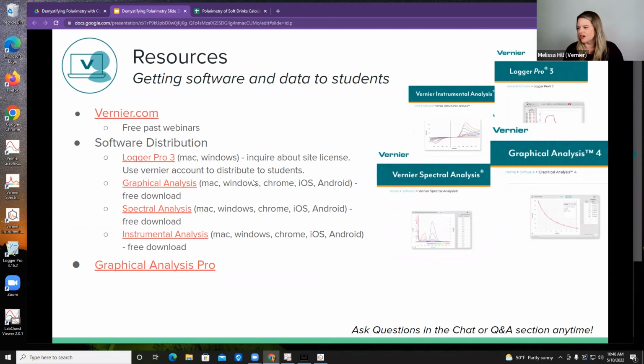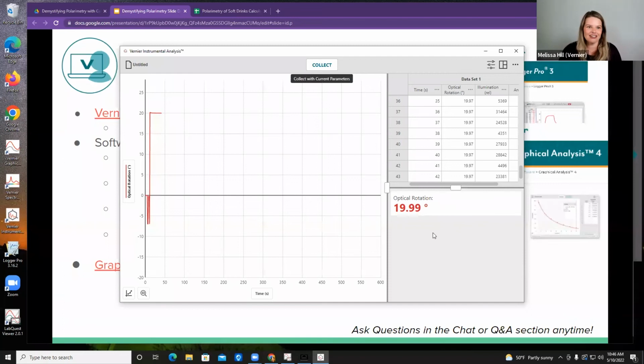While with the Go Direct polarimeter you can still do that manual data collection like we did today, you can just have it sitting on this optical rotation channel. Right now it's got a sucrose sample in it, so I can just write that down.